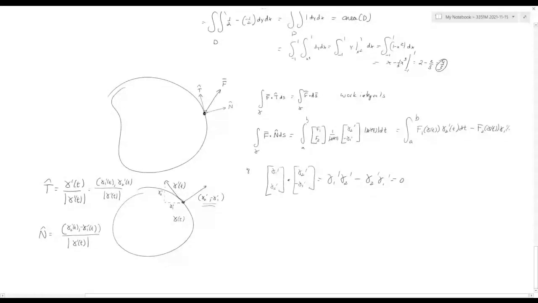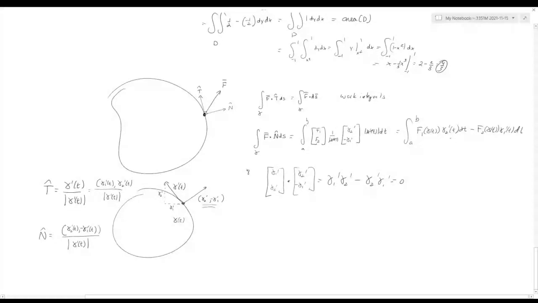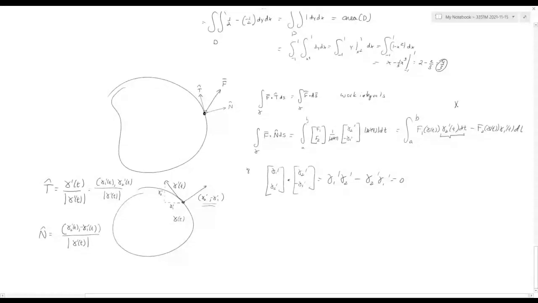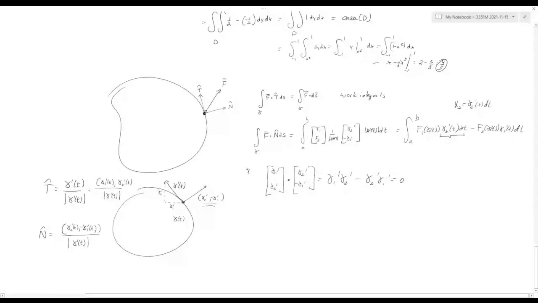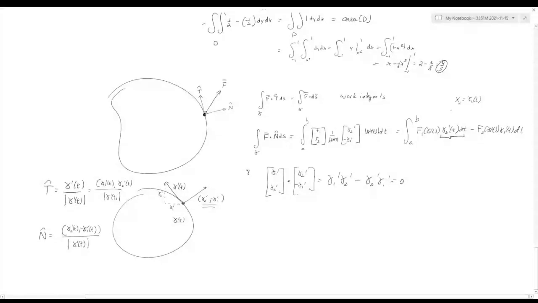All right, and we realize that if you like x2 is gamma 2, then dx2 would be gamma 2 prime dt.